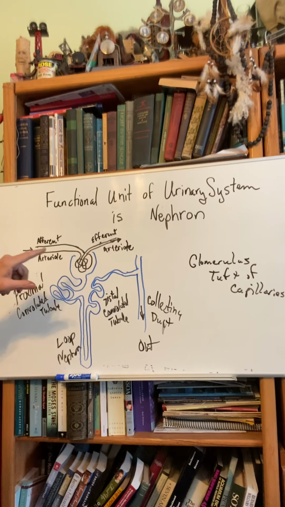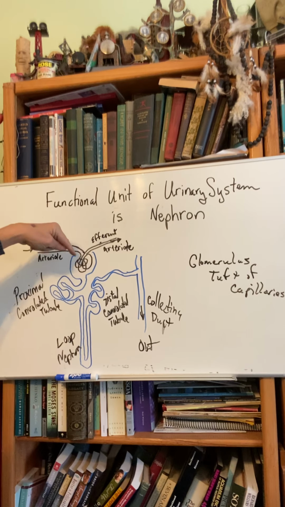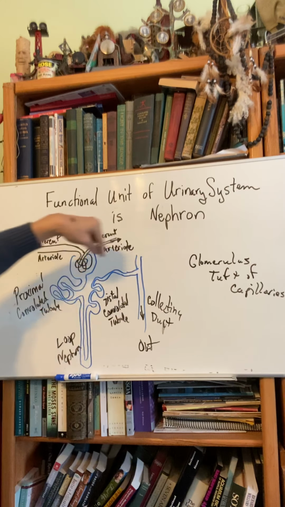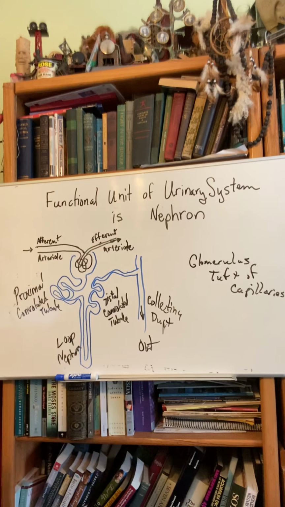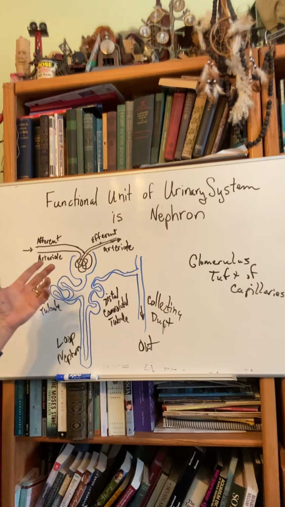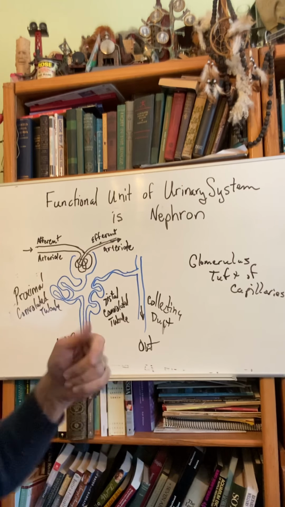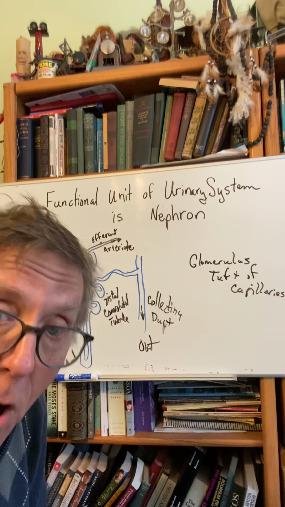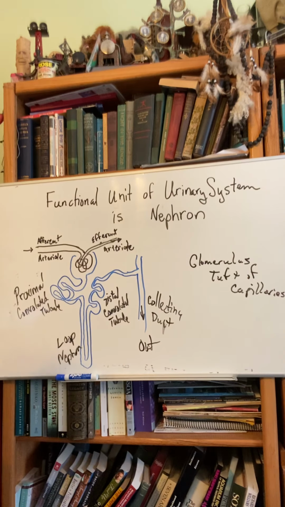So you have the renal corpuscle, which consists of the glomerulus plus that funnel structure around it, the glomerular capsule. And then you have the renal tubules, which is all of this other stuff, the other part of the nephron.